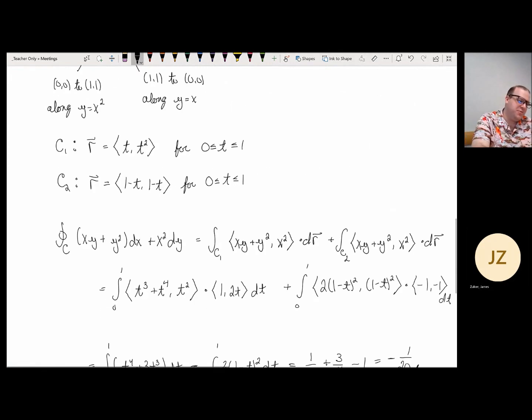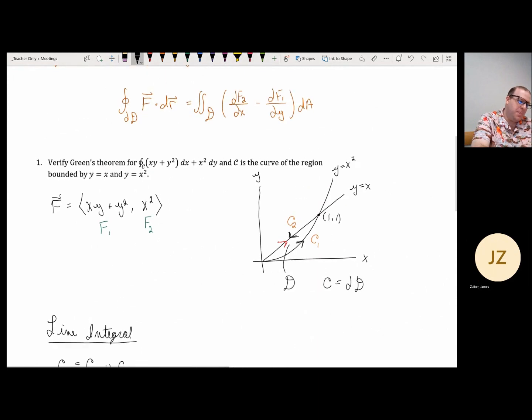Speaking of that, before I do the double integral, would this theorem still be valid for conservative vector fields? In other words, does this theorem satisfy that a conservative vector field has zero circulation if you're to use the double integral?